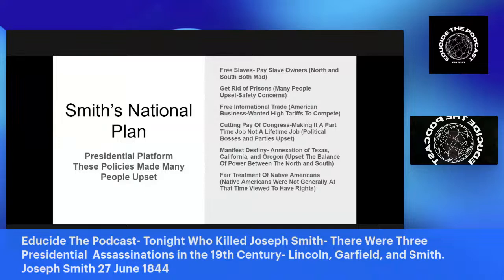Cutting the pay of Congress, making it a part-time job: political bosses and political parties were very upset. Manifest destiny, the annexation of Texas, California, and Oregon, upset the balance of power between the North and the South, the free and the slave states. Fair treatment of Native Americans: Native Americans were generally at this time not viewed to have rights.